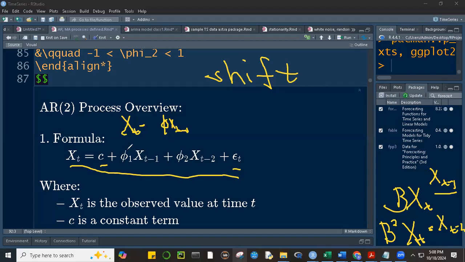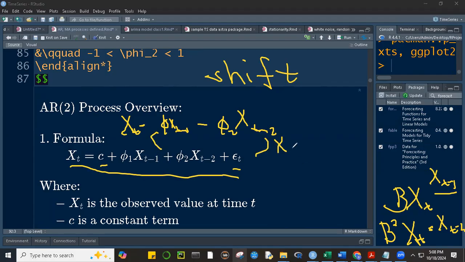Diba? Kasi pinunta natin, we transposed it, minus phi sub 2 x sub t minus 2. Okay, so yan yung left-hand side natin. So I can factor out x sub t.